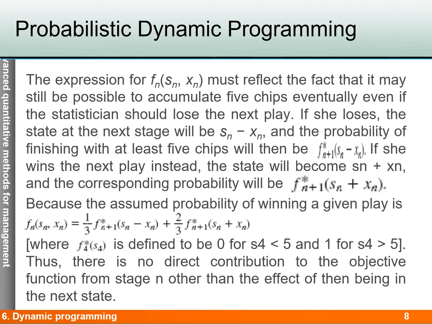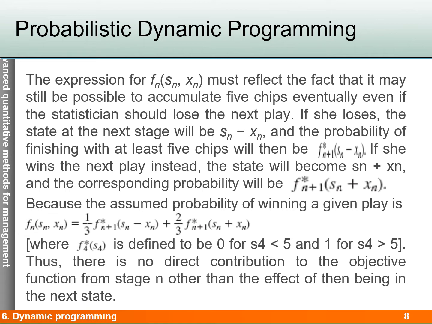In this game, there are two possible happenings for this statistician: winning or losing. As we know, the number that she wins or loses is exactly the number that she decides to bet.